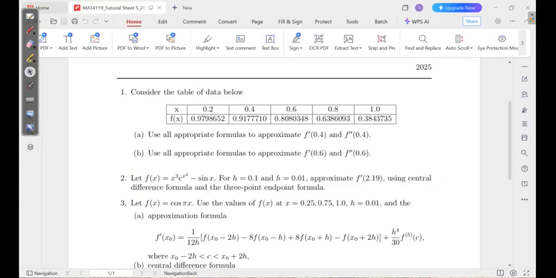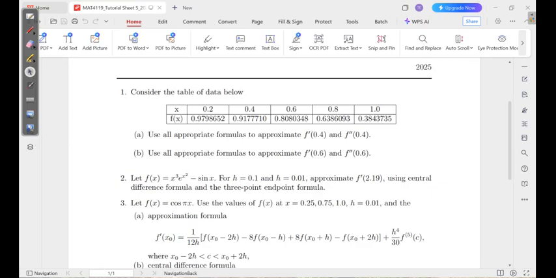Let f of x be equal to x to the power 3 multiplied by e to the power x squared, minus sine x, for h equal to 0.1 and h equal to 0.01. We have to approximate f prime of 2.19 using the central difference formula and the 3-point endpoint formula.